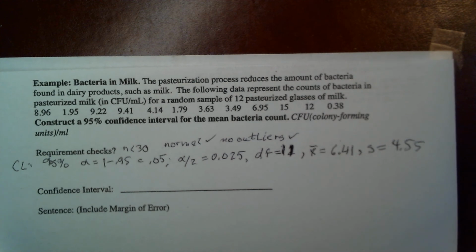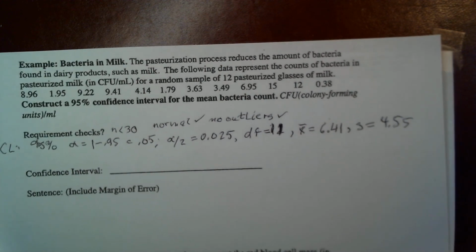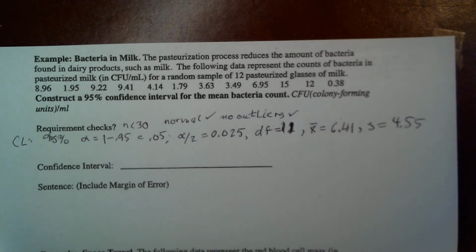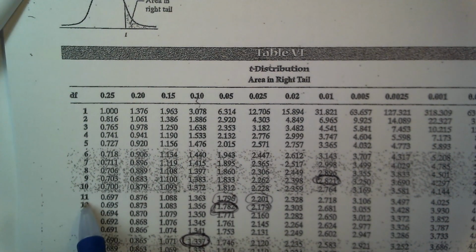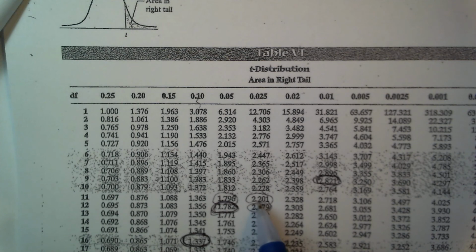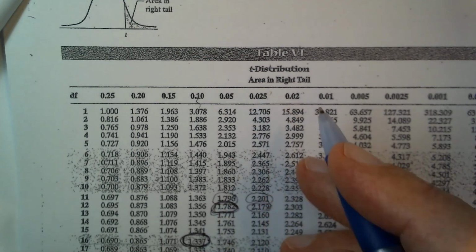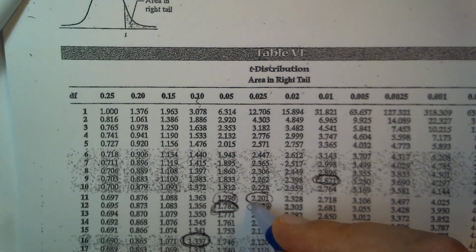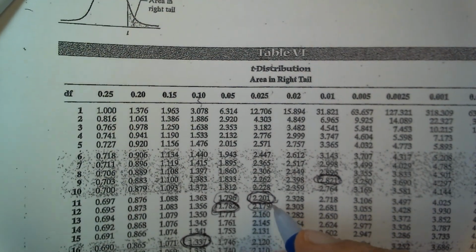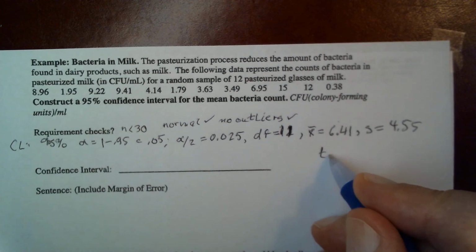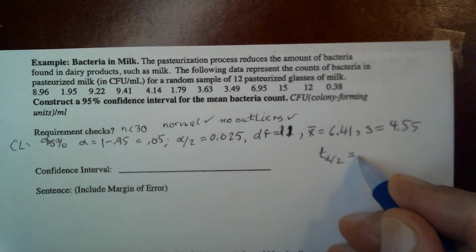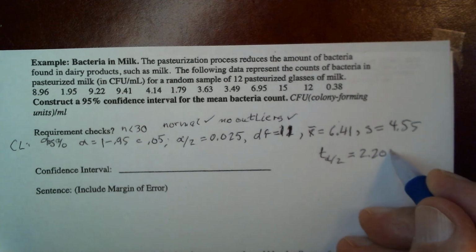So now when we look up the t sub alpha divided by 2 critical value, if we look at the table, we go to 11 degrees of freedom and we go to 0.025, and so t sub alpha divided by 2 is 2.201.